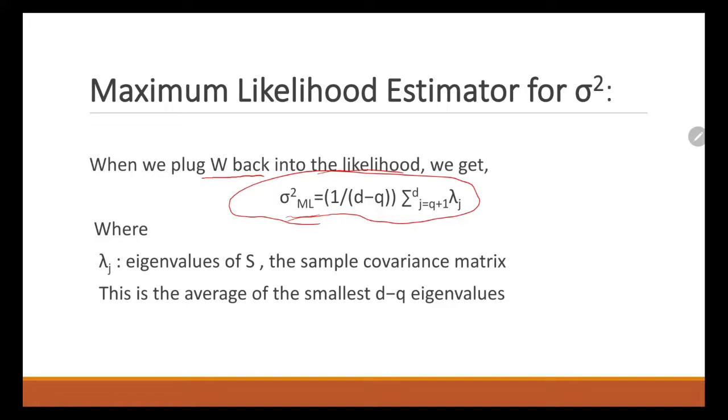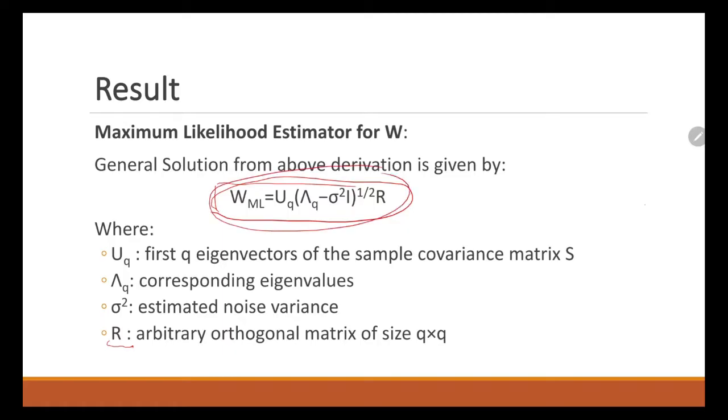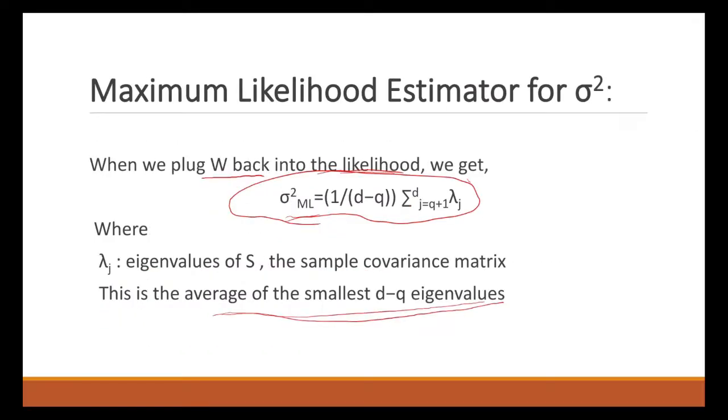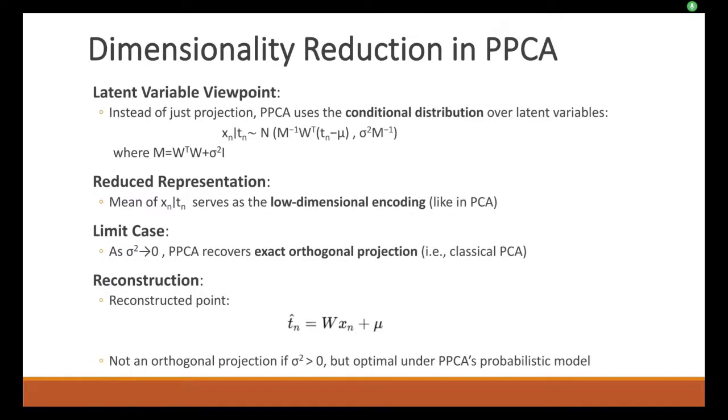Lambda_j are the eigenvalues of S. This is the average of the smallest d minus q eigenvalues. The smallest d minus q eigenvalues are being modeled here as the noise, and all the remaining ones are taken into this W. Here you get something like PCA, because W uses the first q eigenvectors of the sample covariance matrix, the eigenvectors corresponding to the largest eigenvalues, and the ignored eigenvalues are the smallest d minus q eigenvalues, which is the dimensionality reduction in PPCA.